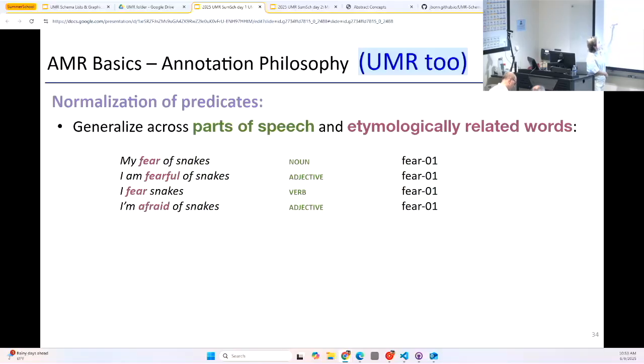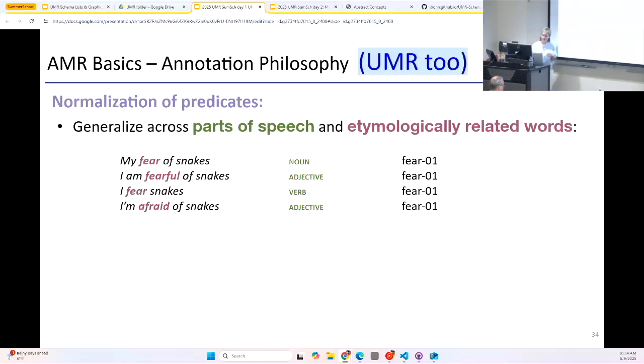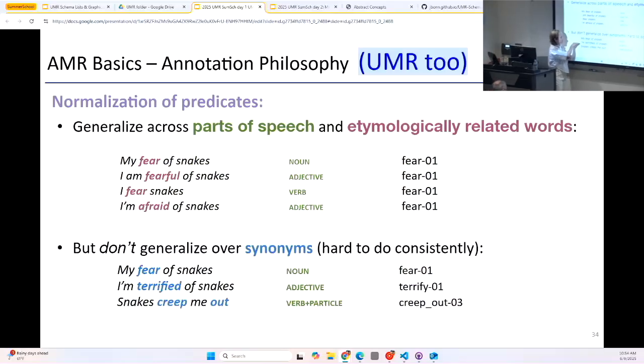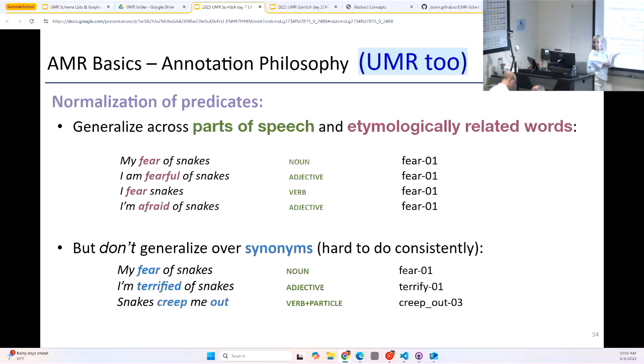My fear of snakes, I am fearful of snakes, I fear snakes, I'm afraid of snakes. These are all etymologically related. They can be clustered under the same rule set label. But synonyms you don't generalize over. My fear of snakes, I'm terrified of snakes, snakes creep me out. You would not put those under the same rule set label. They're their own rule sets.